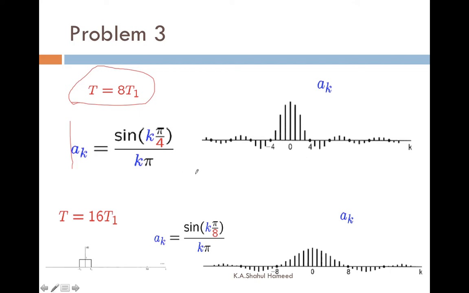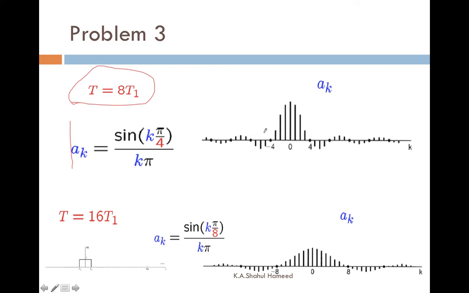So you have to substitute k is equal to 1, 2, 3, 4, and also k is equal to minus 1, minus 2, minus 3, find the value of a_k and plot it. When you do that, you will get this graph.